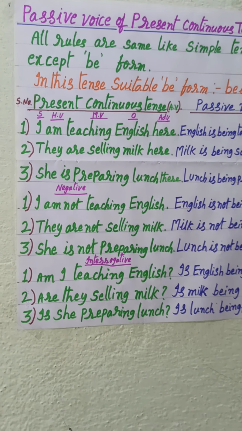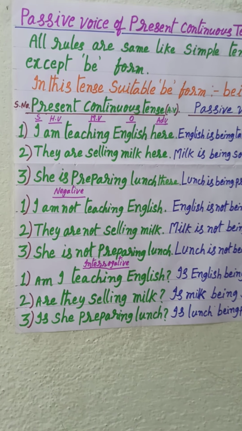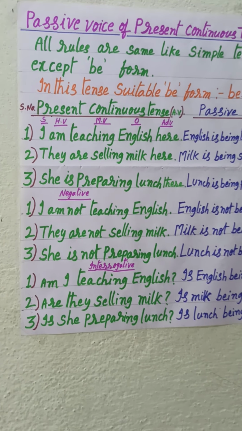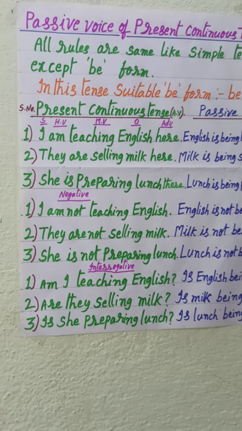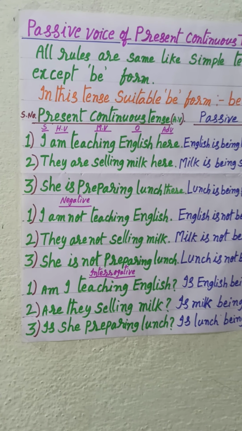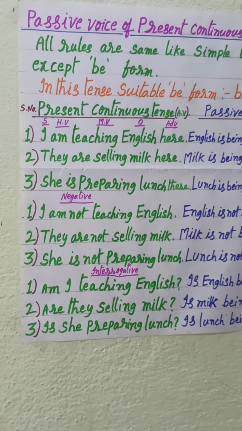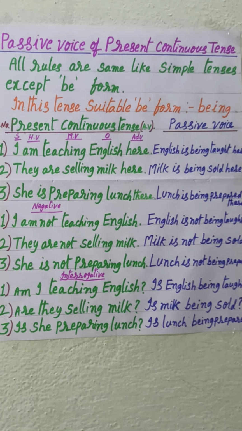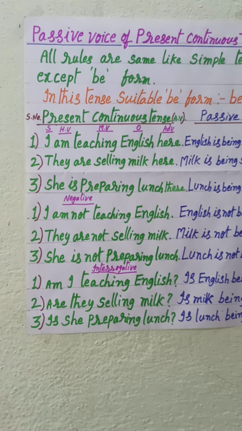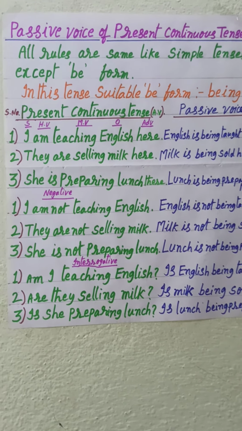If we want to change an interrogative sentence, we will write the helping verb before the subject in the passive voice and active voice, and add a question mark at the end. For example, serial number 1, am I teaching English?